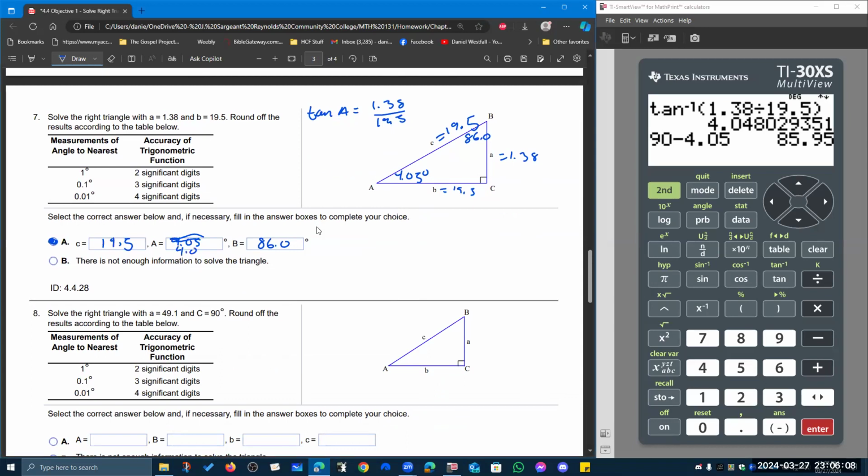I don't know why when they say 3 for the nearest tenth, but oh, that's right, because it is nearest tenth of a degree, 4.0 degrees, 86.0 degrees. Yes, nearest tenth of a degree.